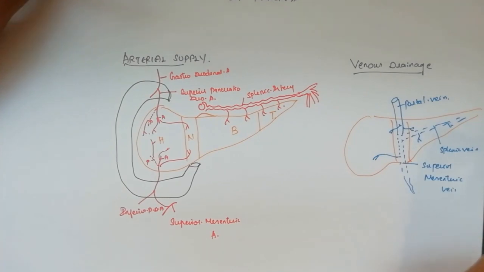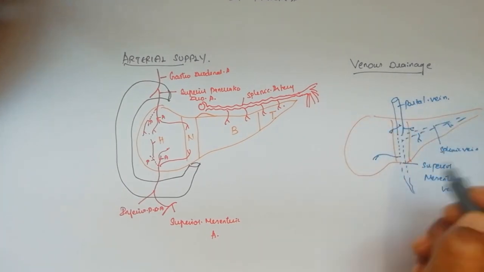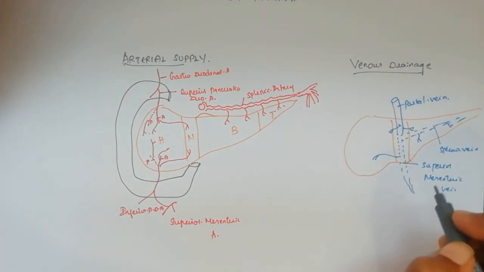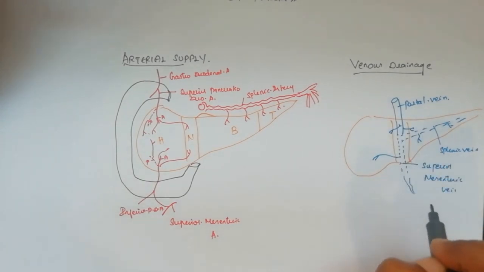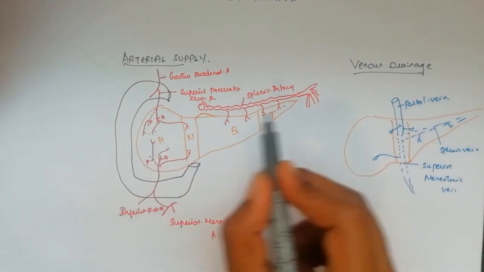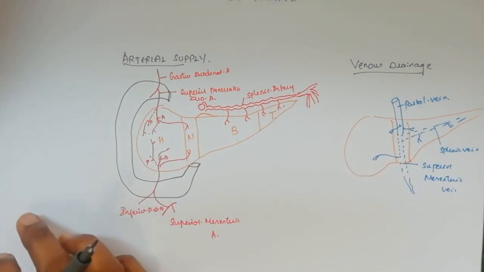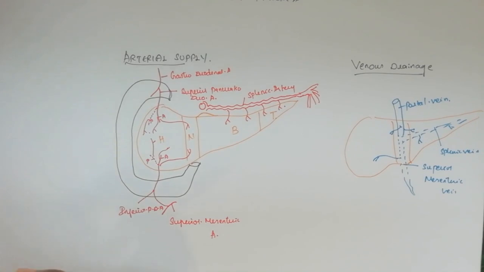That is, we have the pancreatico-duodenal lymph nodes and pancreatico-splenic lymph nodes.